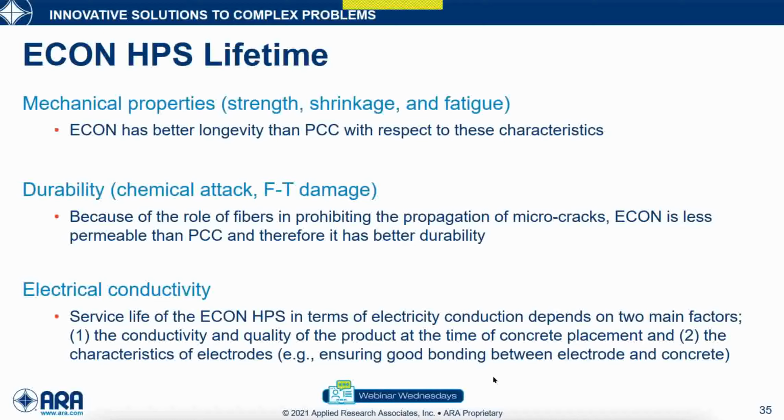So if you compare normal concrete with the ECON system in terms of mechanical property or durability, ECON provides better mechanical property and better durability, since we use fiber and we eliminate the use of harmful de-icing chemical agents.